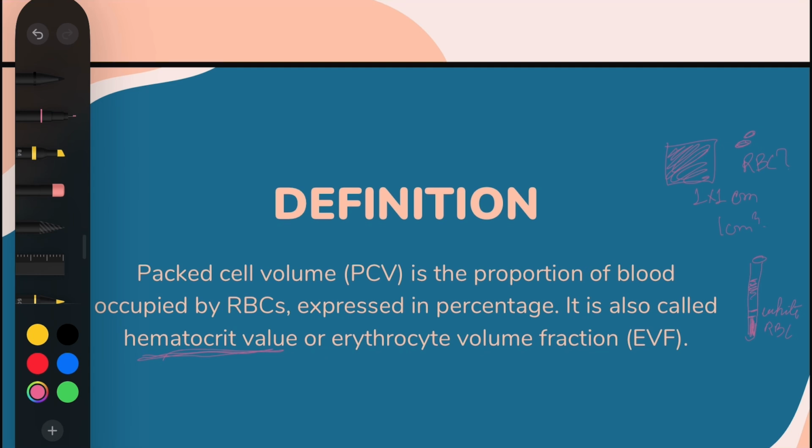It is carried out in hematocrit tubes and Wintrobe's tubes, hence the name hematocrit value, and the other name is erythrocyte volume fraction.